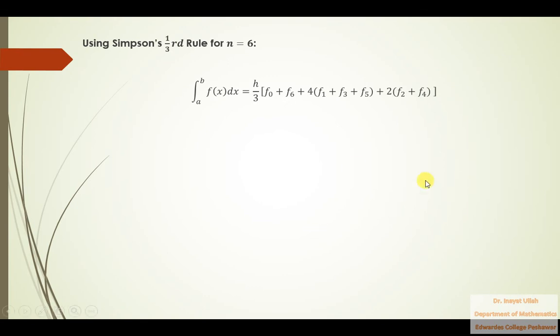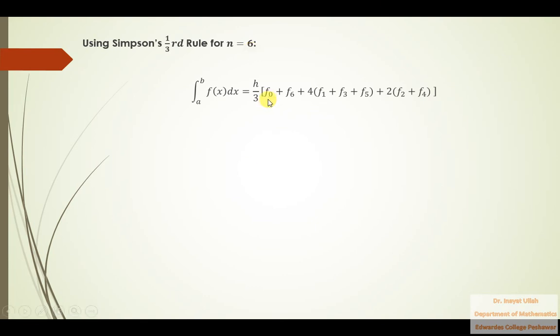So that is the formula for Simpson's 1/3 rule, h by 3, because of 1/3, and then we will extend the formula up to f6 because of the table.